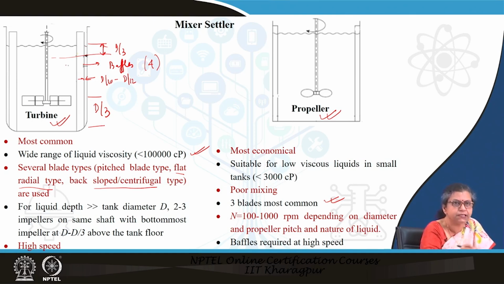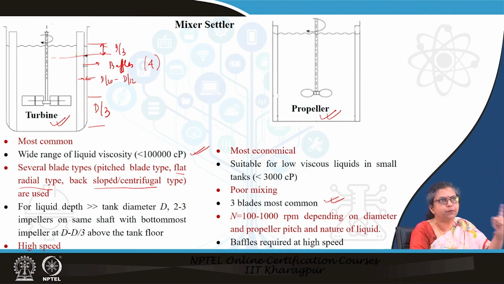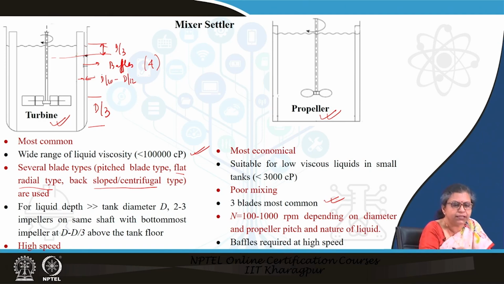And these baffles are more or less equally spaced around the circumference. So these baffles are there in order to eliminate the vorticity part.